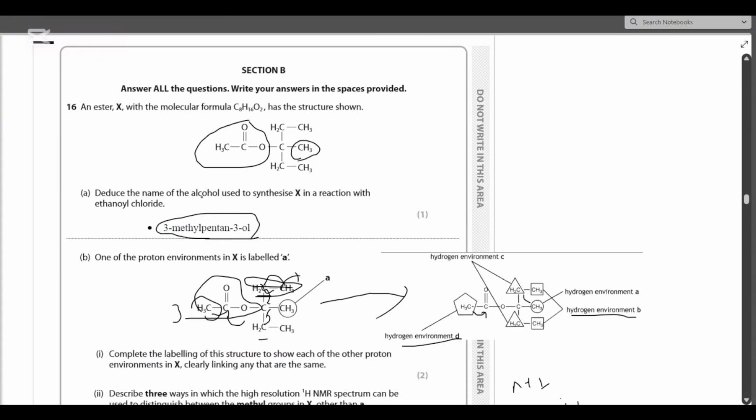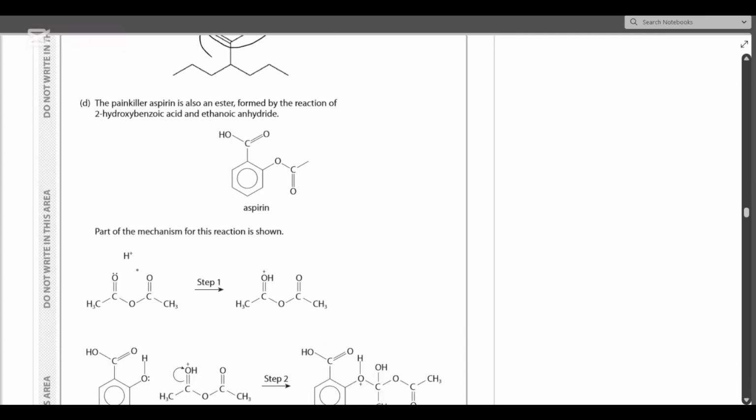So if I talk about step 1 right here, we can very much clearly see that the only option possible here is that this right here is going to donate this electron to H plus and basically allow it to bond together right here.